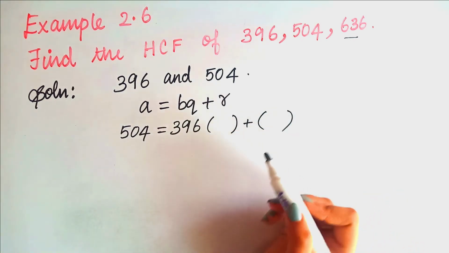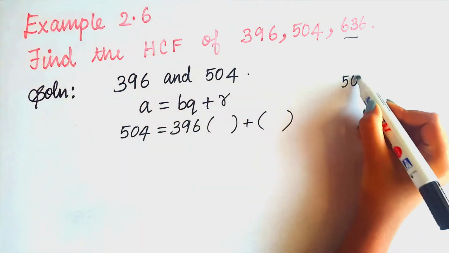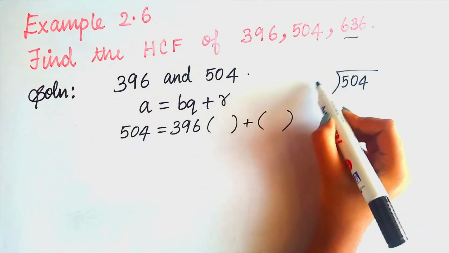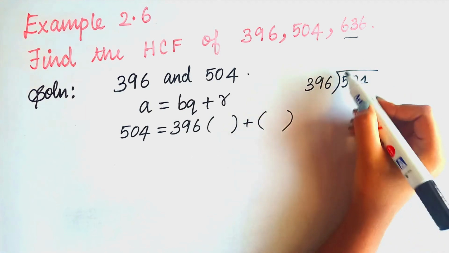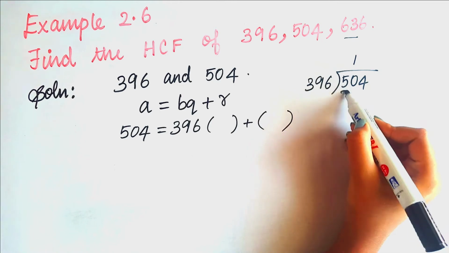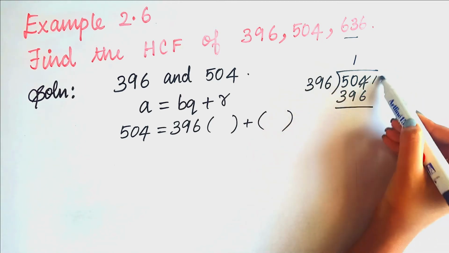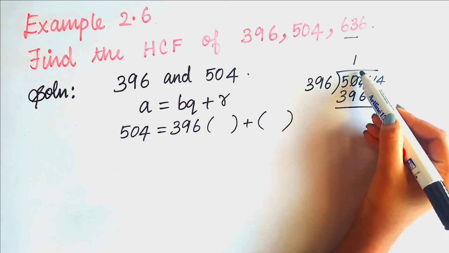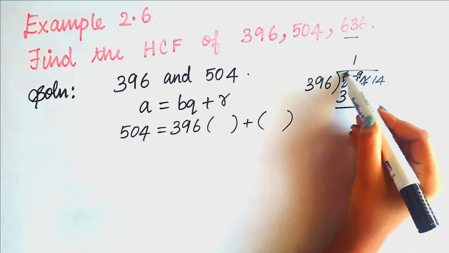So let's find it. Here the dividend is 504 and the divisor is 396. Now let's divide. 396 ones are 396. Let's subtract. It will be 14, and this will be 10, and then while borrowing it will be 9, and here it will be a 4.